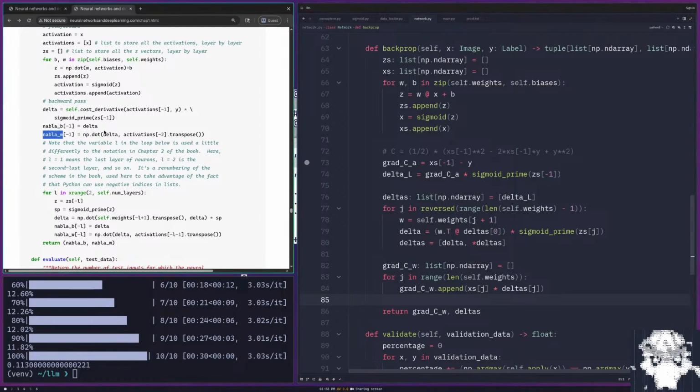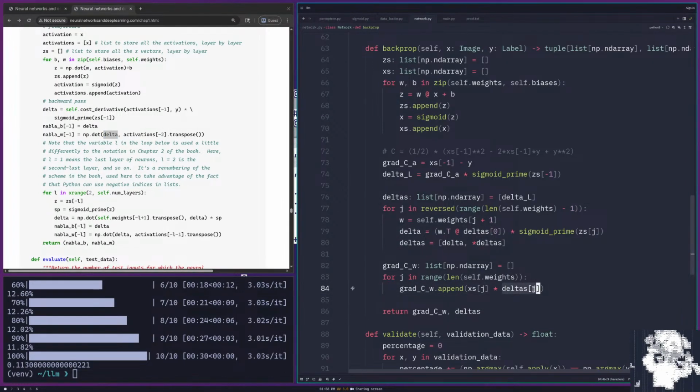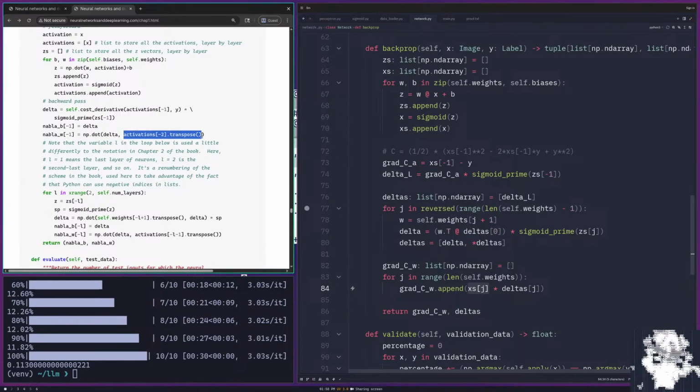He's doing a dot product between delta, so the last delta, which is what this will be once we're at the last J, and the last activation. Well, activation minus 2, the before last activation.